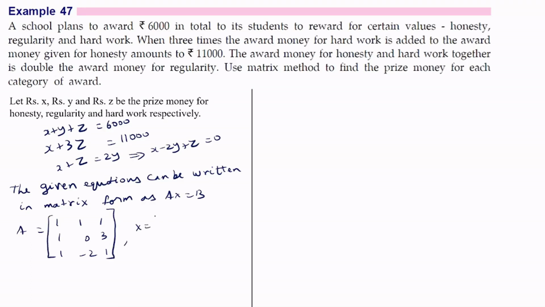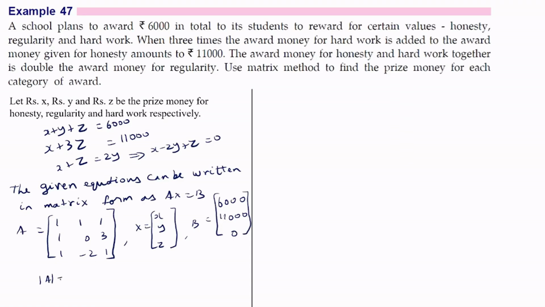Then X is the variable matrix x, y, z, and B is the constant matrix 6,000, 11,000, 0.